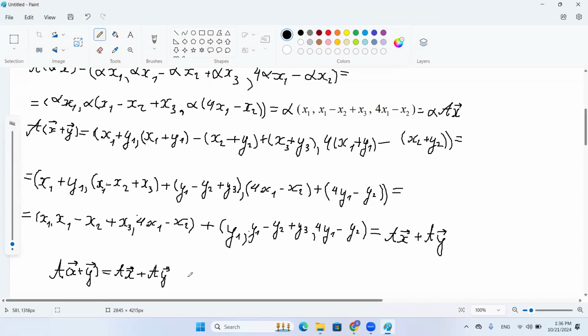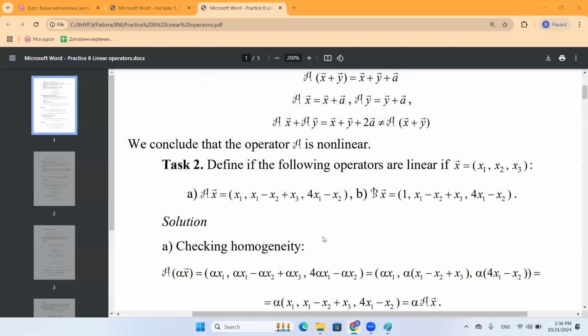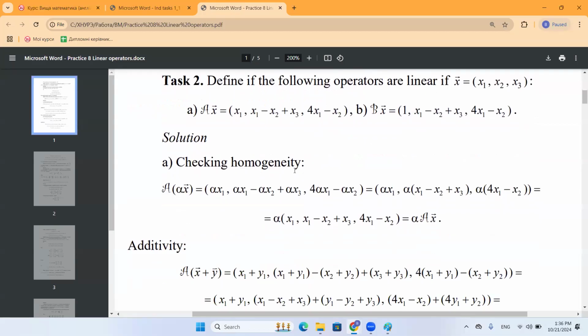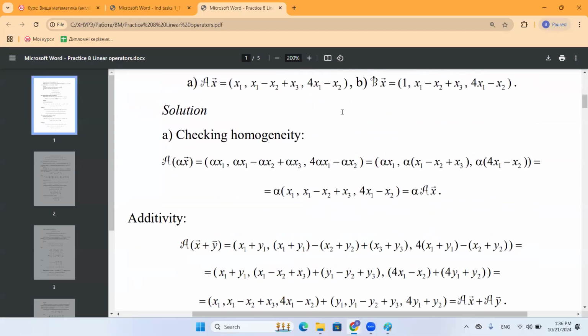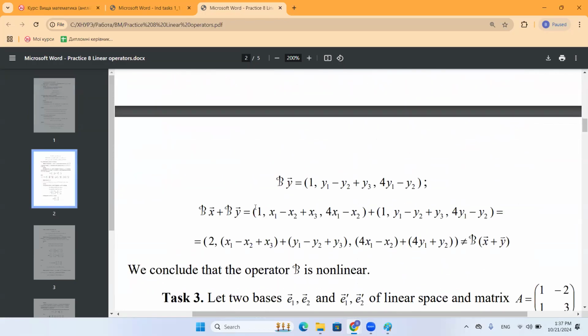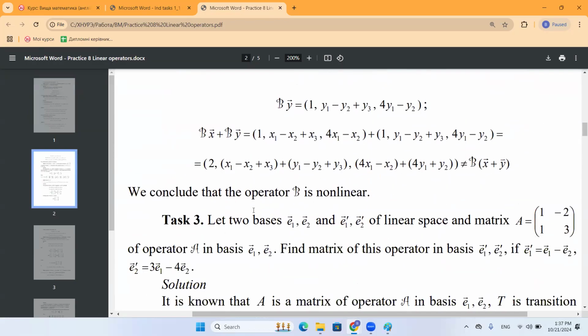Okay, maybe any questions about this task? No questions. Okay. Here you have a solution for part B as well, but it will be better to check it on your own and then check the solution. Let's move next.